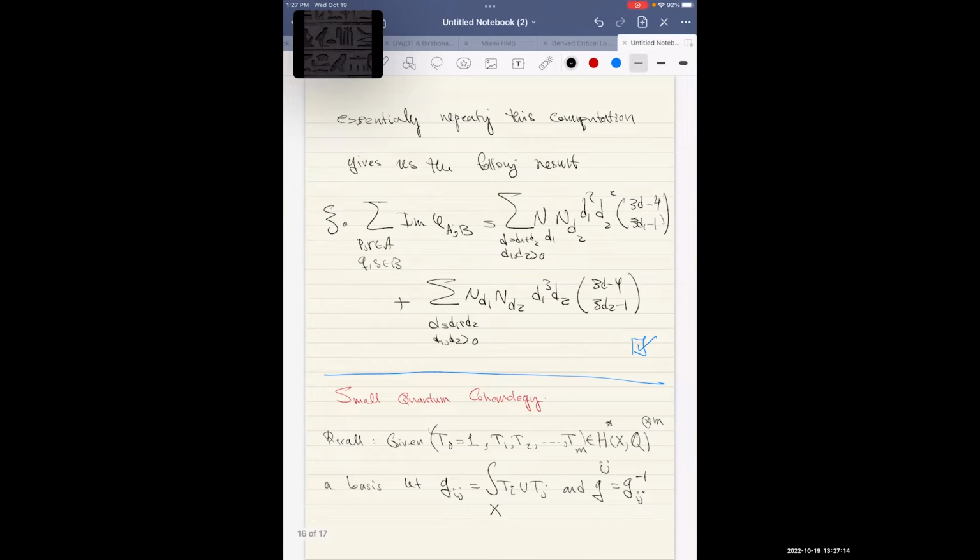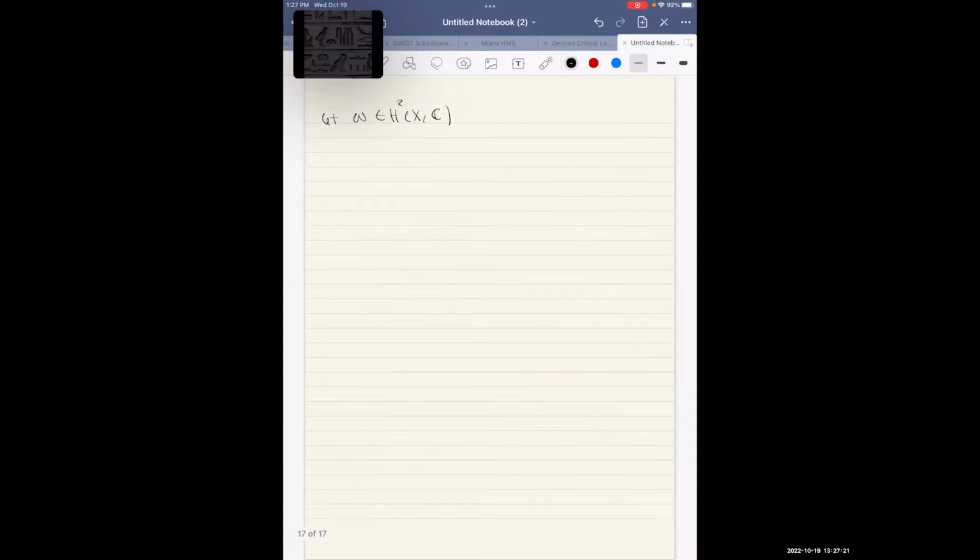Now we need this extra thing. Let omega be an element of H2 of X. These are bases of the cohomology theory of X with rational coefficients. Omega is an element of H2 of X with complex coefficients, so let this be a complexified Kahler class.